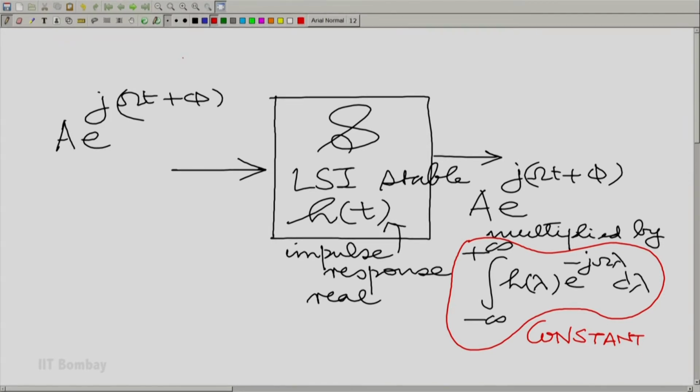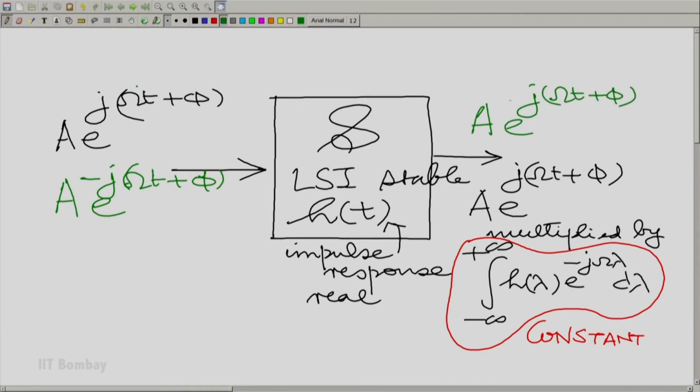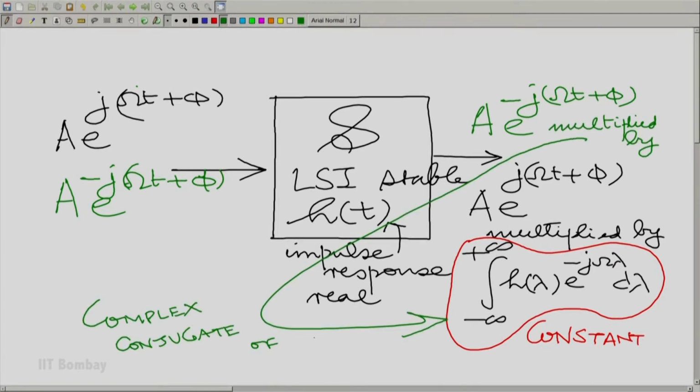And now if you replace omega by minus omega, in fact if you complex conjugate this, let me write on the same picture but in a different color. So, if I complex conjugate this, what I would get is again the same thing, a e raised to the power j(omega t plus phi) complex conjugate, but multiplied by the complex conjugate of this constant.